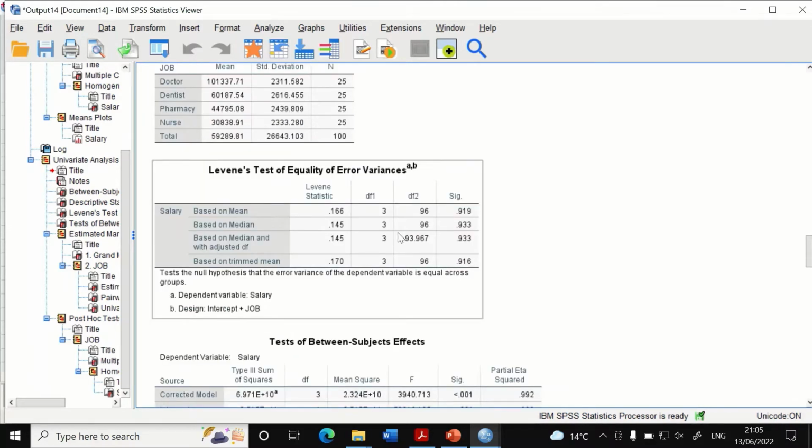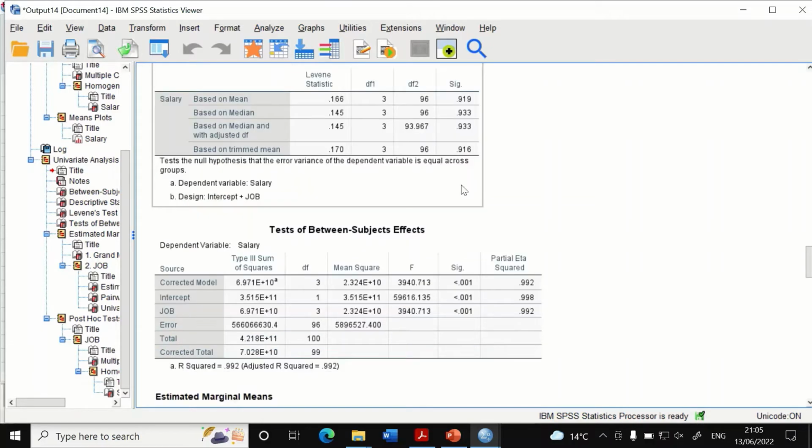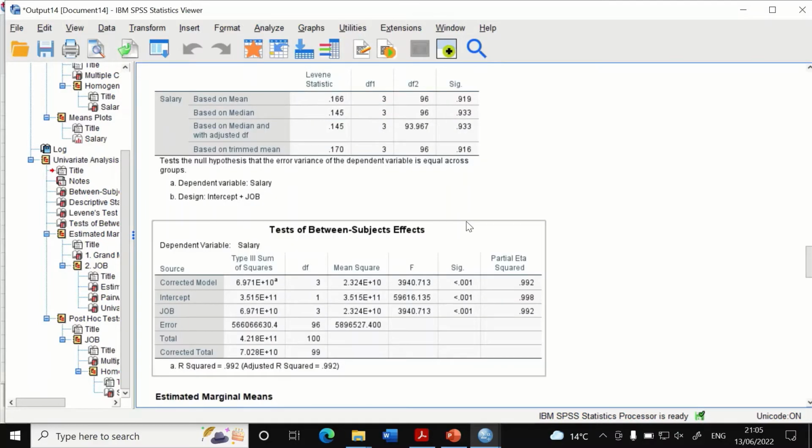And for the test of homogeneity of variances, here we can see this table shows that the variance is homogeneous between all the 4 groups, as given by the significance value, which is greater than 0.05.